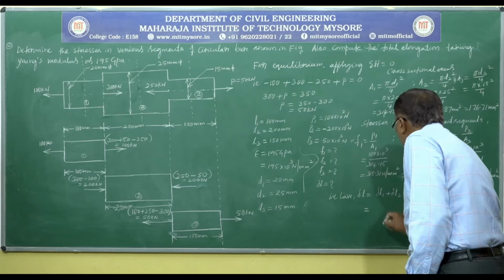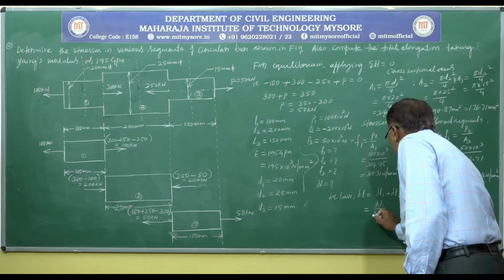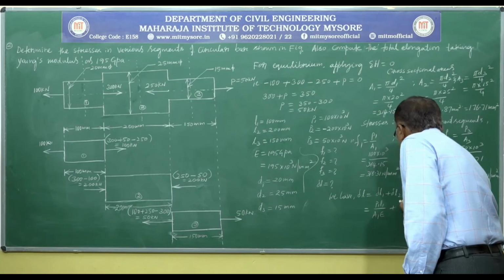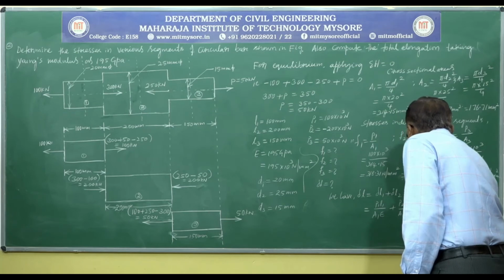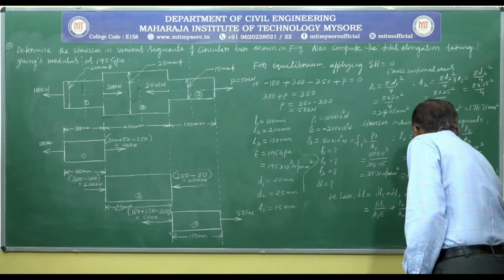This can be conveniently written as P1 L1 by A1E plus P2 L2 by A2E plus P3 L3 by A3E.